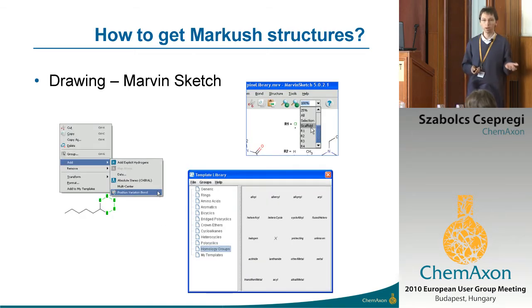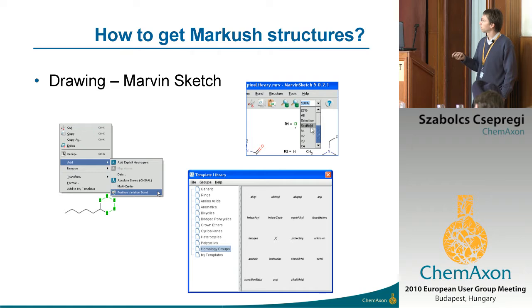So where can these Markush structures come from? Now I just mentioned that we have worked a lot on Marvin Sketch to enhance its capabilities. So you can use Marvin Sketch to draw these structures. It contains many nice features to help the drawing and handling of these Markush structures.